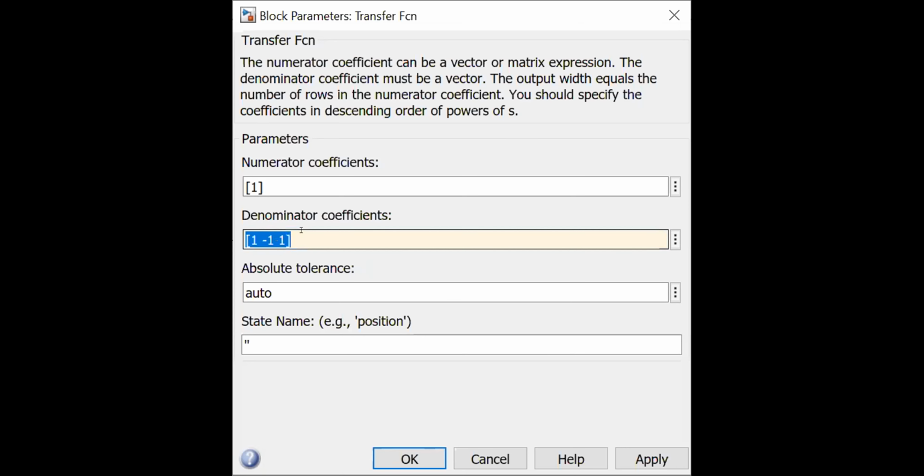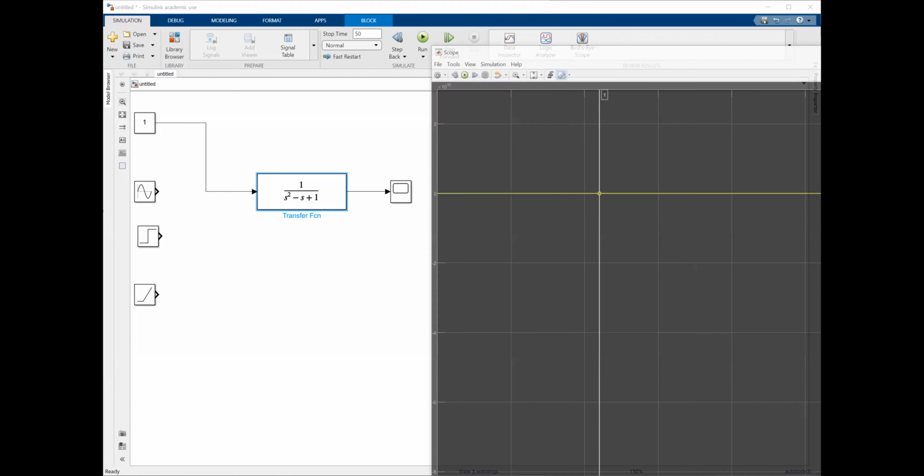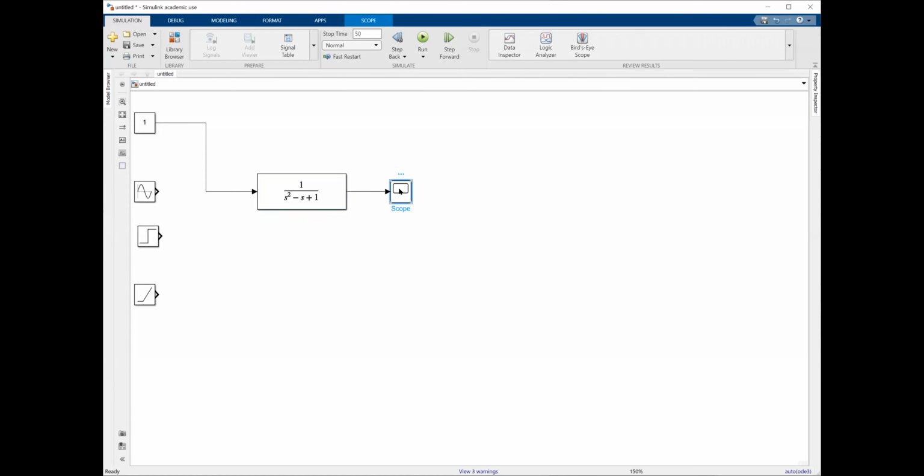So once you hit run, let me see just a second here. The denominator coefficients are 1, -1, 1. Okay. And then you hit run, and you will see something weird happening. Double click on the scope.